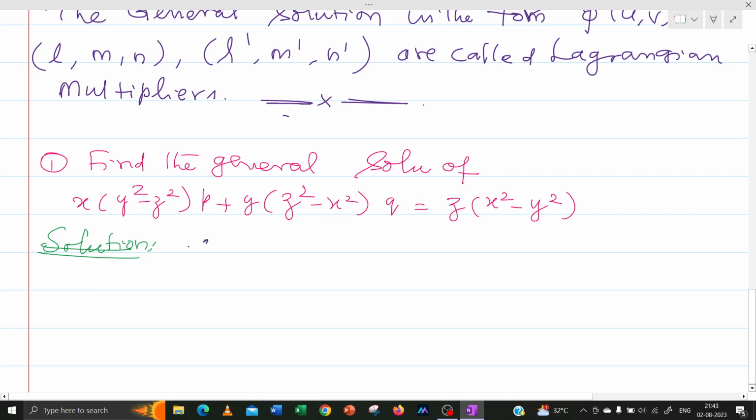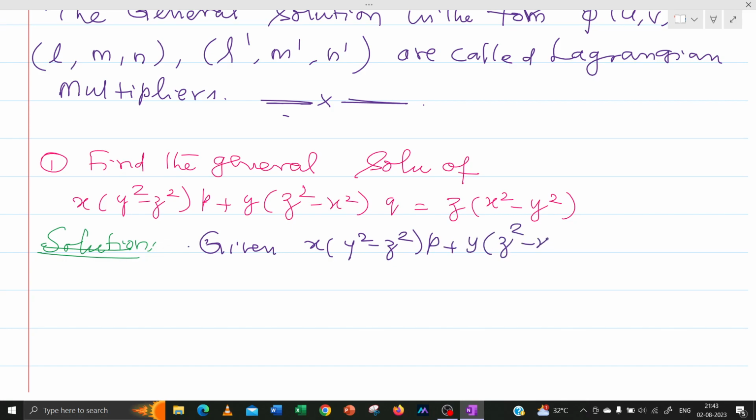What is given here? Given is x into y square minus z square p plus y into z square minus x square q equal to z into x square minus y square.